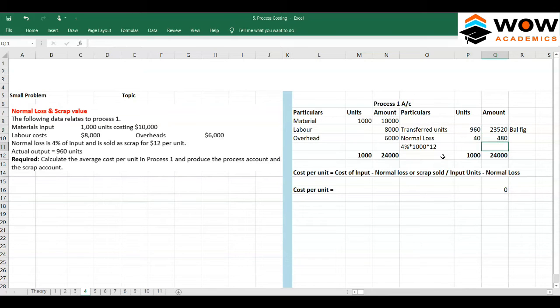So try to find out the cost per unit here. So the cost per unit would be like this.